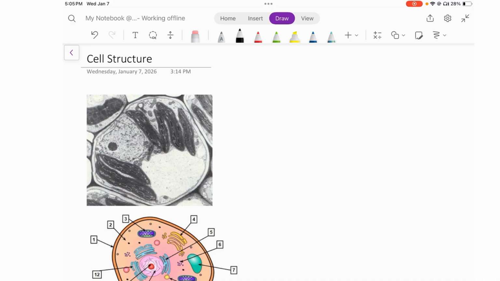So you can see that many of the future chapters come back and link to this first chapter. So stuff like transport mechanisms, the adaptations of each organelle in different complex functions, it all ties back to cell structure.